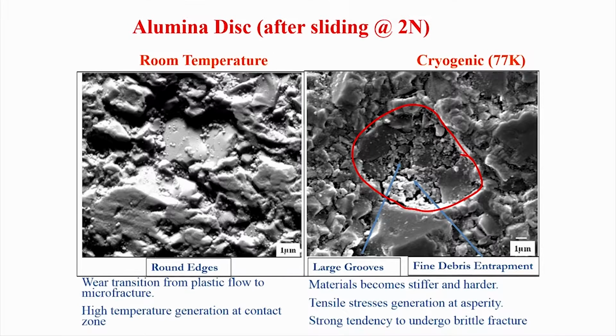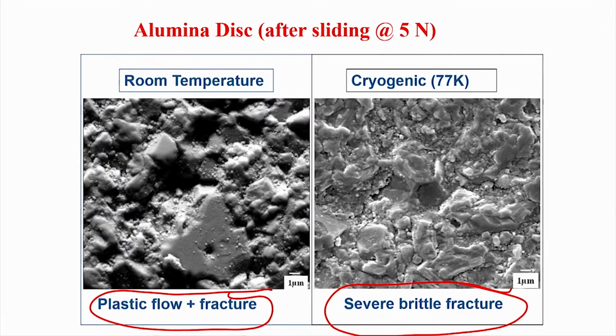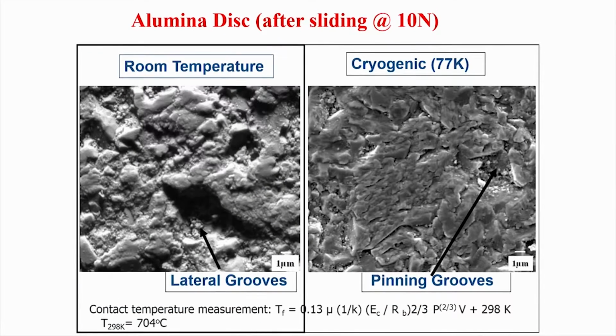After sliding at room temperature, all the surfaces are very rough, which is quite expected, but we did not see much of these cleavage steps, except that the roughness of the surface is promoted by some fracture on these worn surfaces with round edges. So, what we can summarize is that at room temperature you have plastic flow and fracture, whereas severe brittle fracture is taking place at cryogenic sliding conditions.